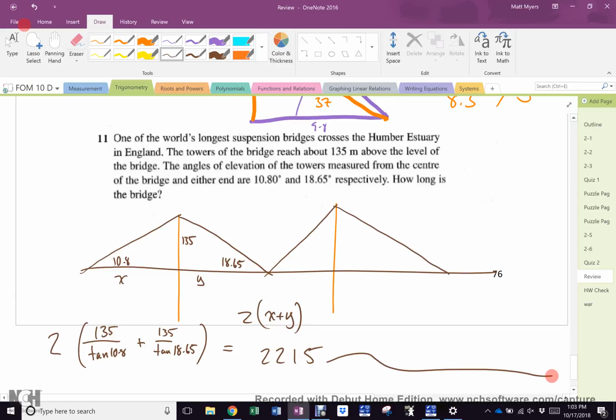Do you feel your trig was good enough to give yourself 3 marks for it? 2 out of 3. Remember, the bulk of those 3 marks should come from what? From the trig, right?